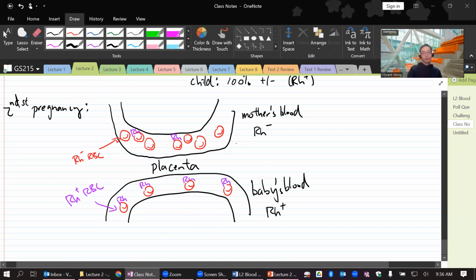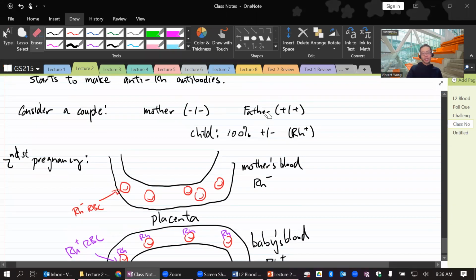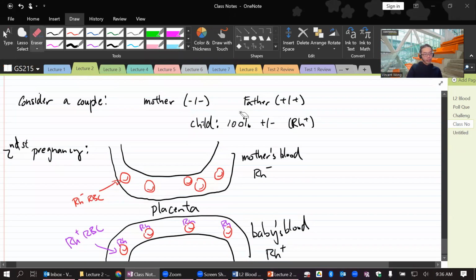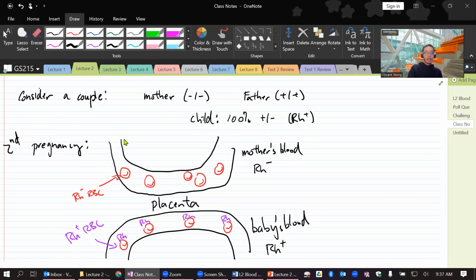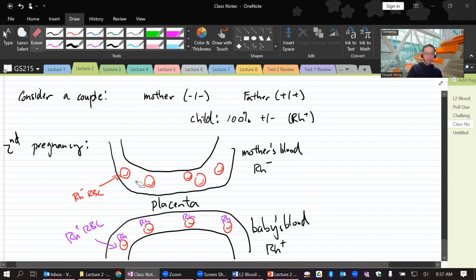Just try to understand what I'm saying now, and then you can revisit the recordings later and add what you need. Okay, so second pregnancy. Let's say the mother has another child with the same father, which guarantees the kid is going to be positive again, right? So here we are, the exact same drawing, but there is something different. There is going to be something extra that wasn't there during the first pregnancy. And that would be the antibodies, right?